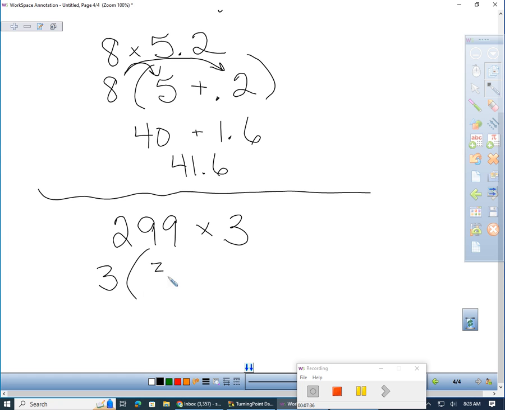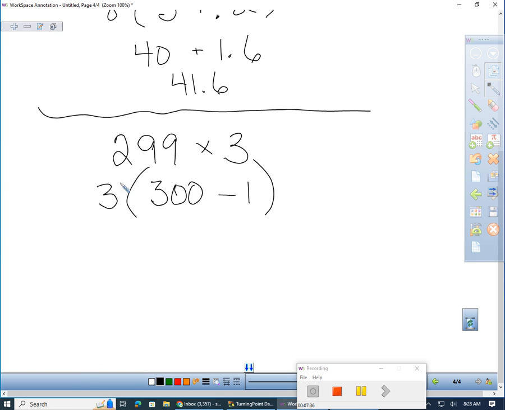So it's actually 300 minus 1, right? So we can go ahead and distribute. 3 times 300 is 900. And 3 times negative 1, negative 3. So we get 800 and, perfect, 897.